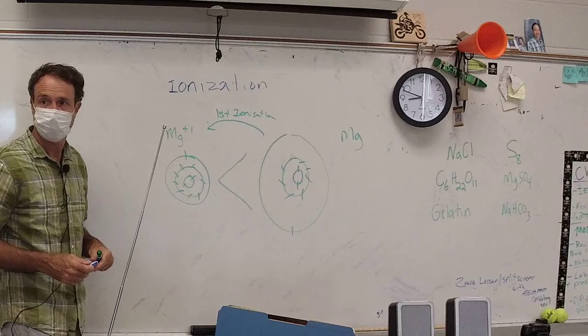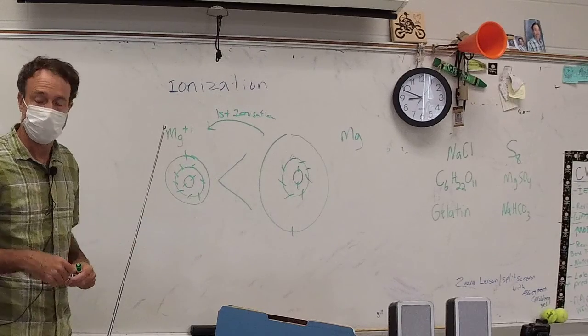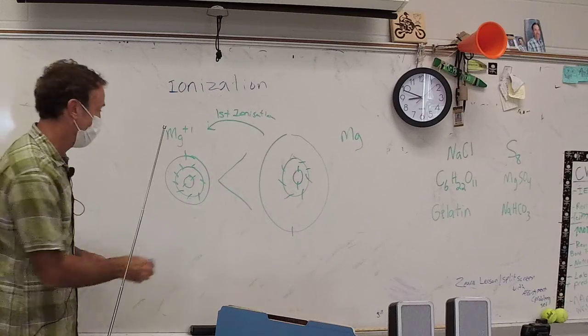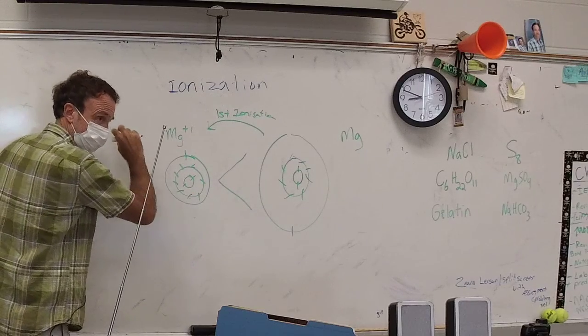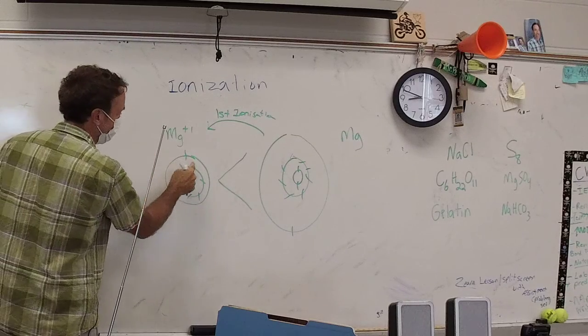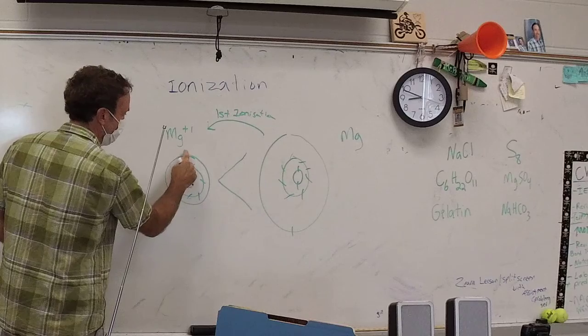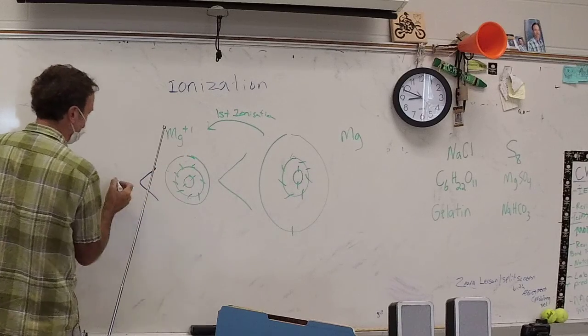Does that make sense? This atom can and almost always would be ionized yet again. What if another atom that was a very strong magnet came by and stole this electron? Okay? Whoop. Then this thing would shrink. It would lose this whole outer shell.